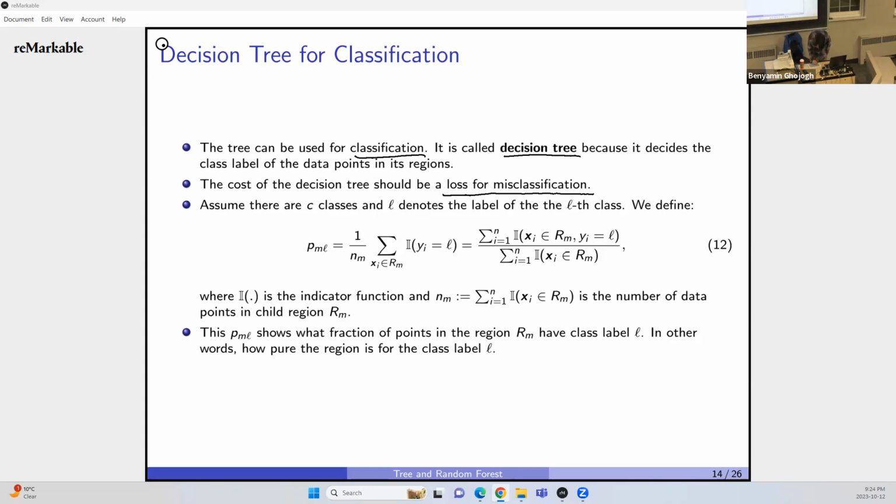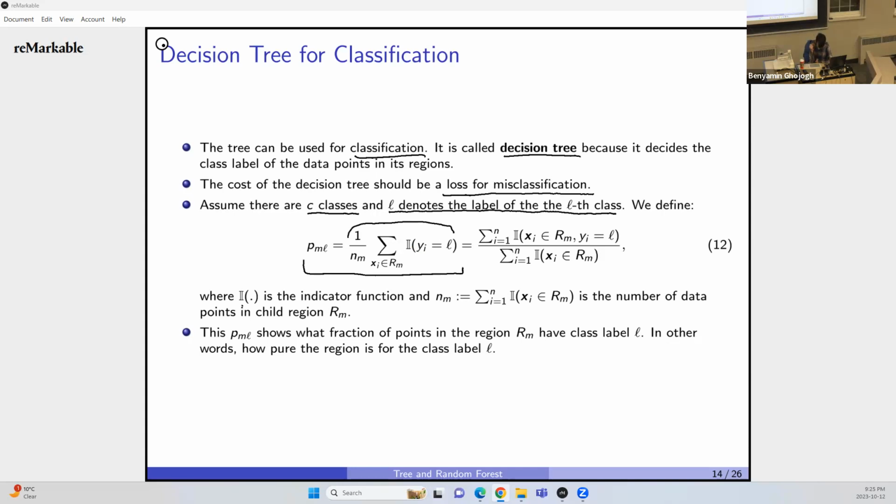So assume there are C classes and L denotes the label of the Lth class. Then I can define p_ML as this: 1 over N_M, where N_M is the number of points in the region R_m. I is the indicator function here, which is 1 if its condition is satisfied, otherwise it's 0, right? So basically, what is this?